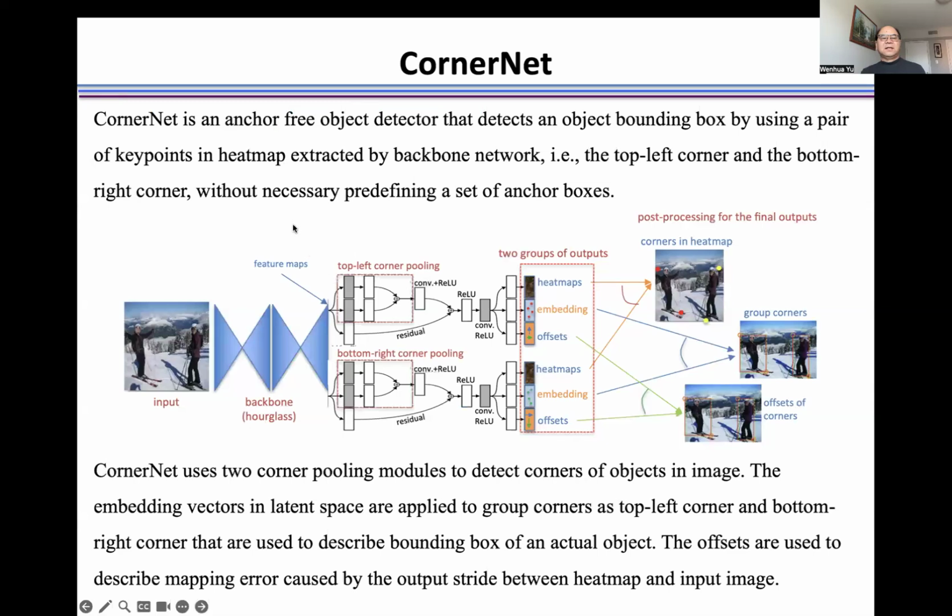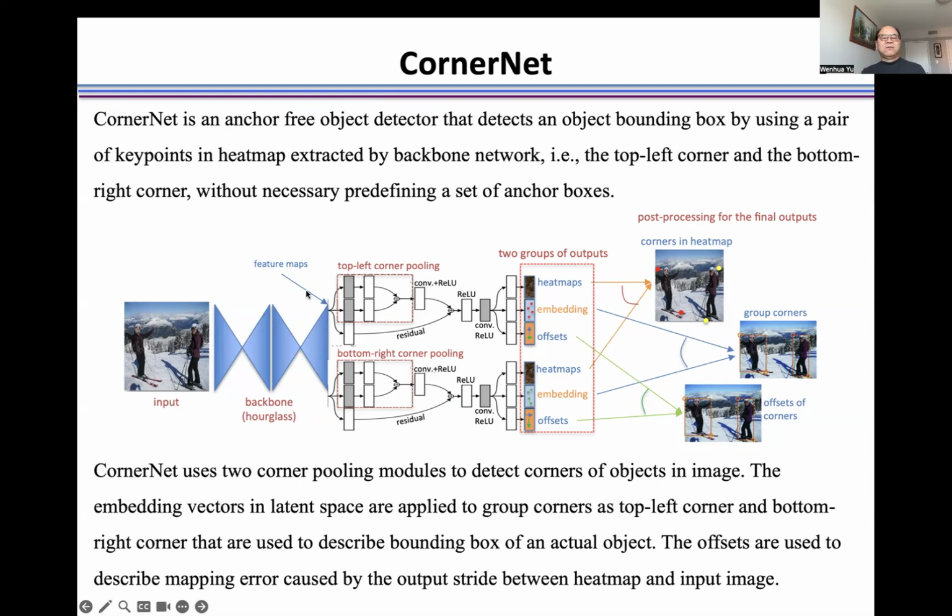Here, the architecture and pipeline of a CornerNet network. As an input image, as a backbone, for example, hourglass network.